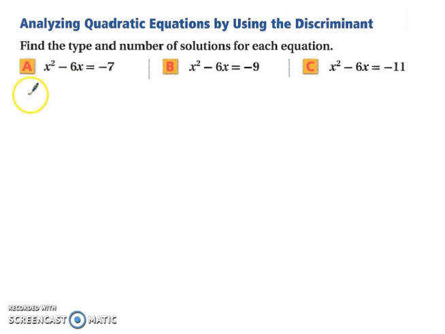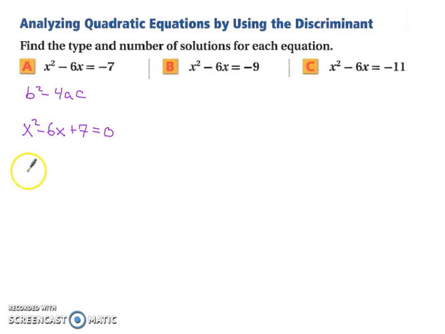So we have b squared minus 4ac. You might want to put your negative 7 on the other side before you keep going. So we have x squared minus 6x plus 7. You don't want to accidentally take a minus 7 because it will change things.